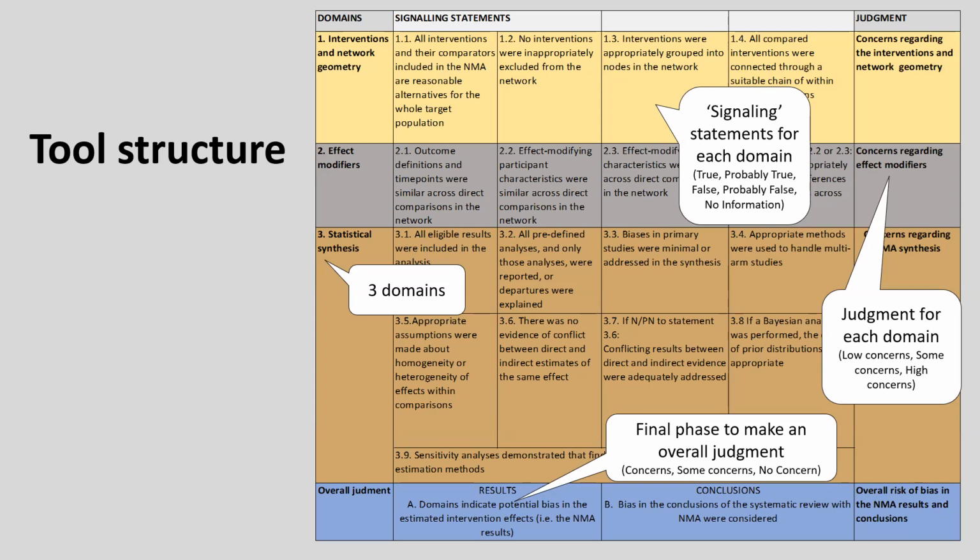For the results section, we have high risk of bias, low risk of bias, and some concerns. But for the conclusions, we made it very simple: you either have no concerns or concerns for the final overall judgment.